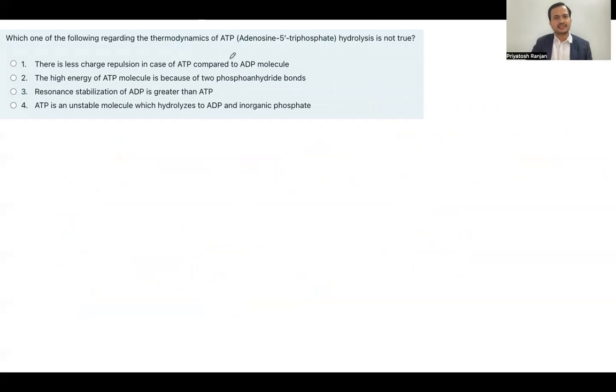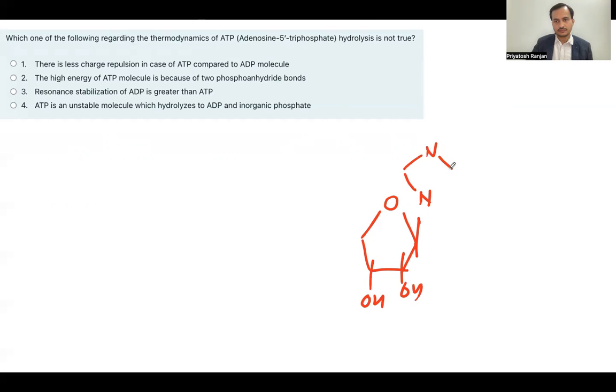Which one of the following regarding the thermodynamics of ATP, adenosine triphosphate hydrolysis, is not true? Let me draw the structure of adenosine 5' triphosphate first. Remember, we are going to have a sugar. It's a ribose sugar. Then we are going to have adenine as a nitrogenous base. Remember, adenine has a purine ring.